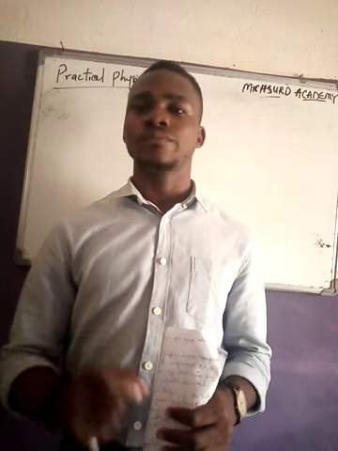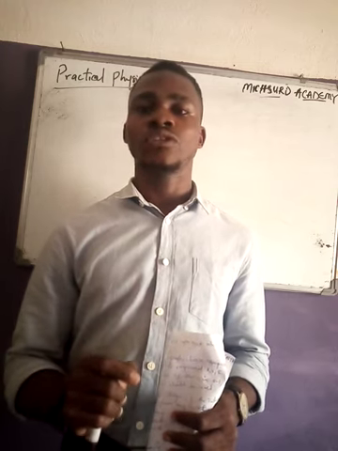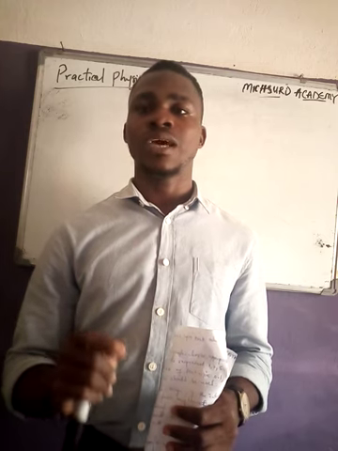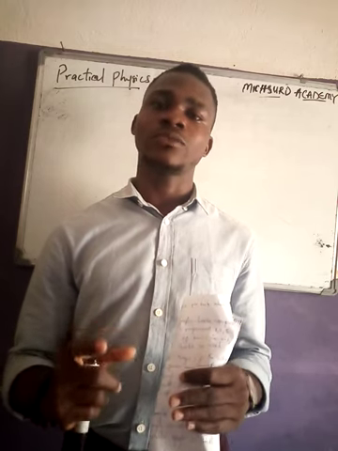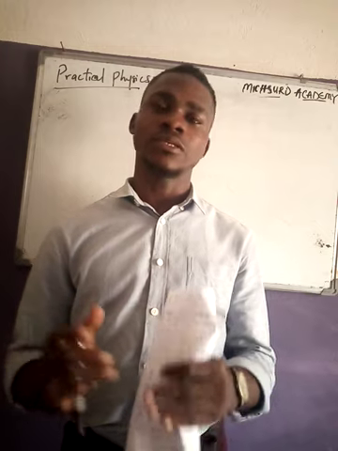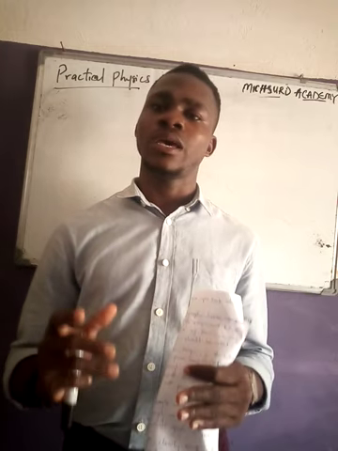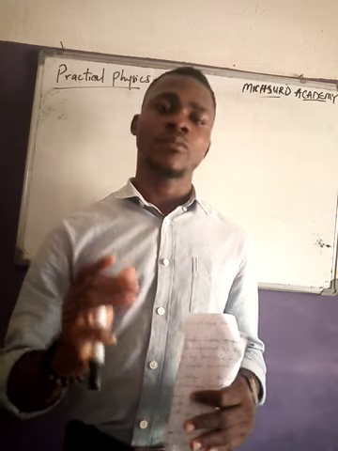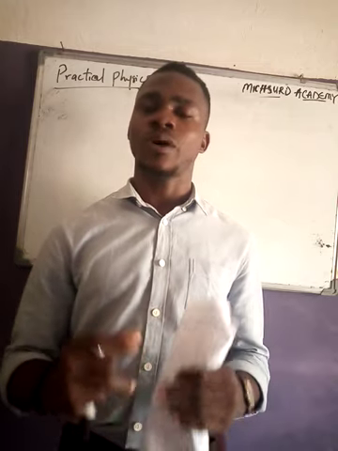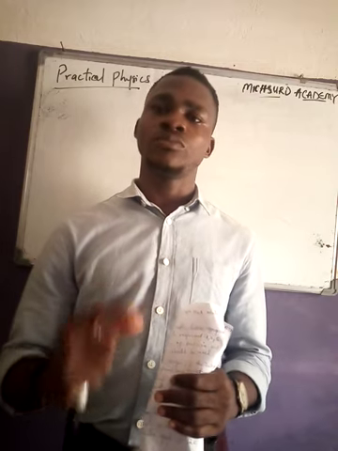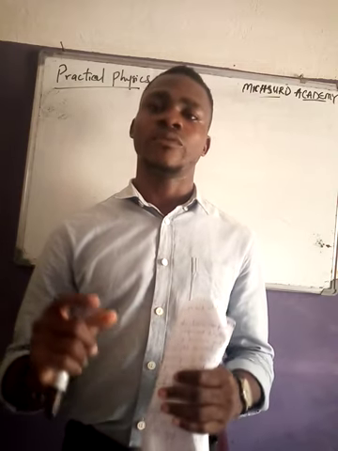Now number three, ensure that your values are placed in the right decimal place. So there are some values that should be in 3 decimal places, some should be in 2 decimal places. Ensure that you put them properly. So later on in the course, in the series of videos that will be coming up, I will show you how to place your decimal points for the experimental values you got and the given values that were also given to you.